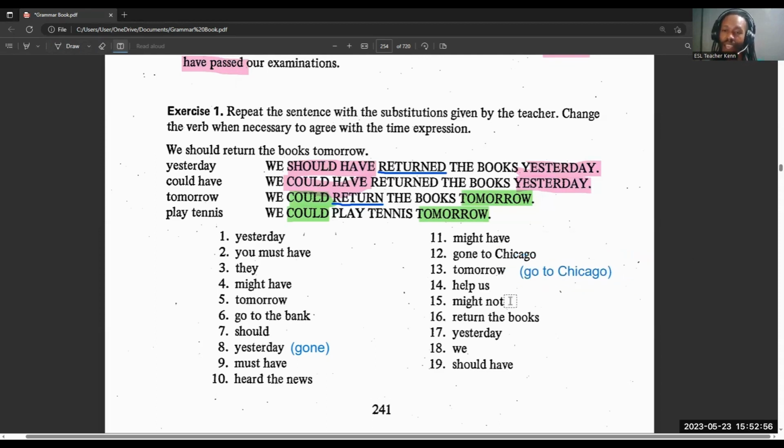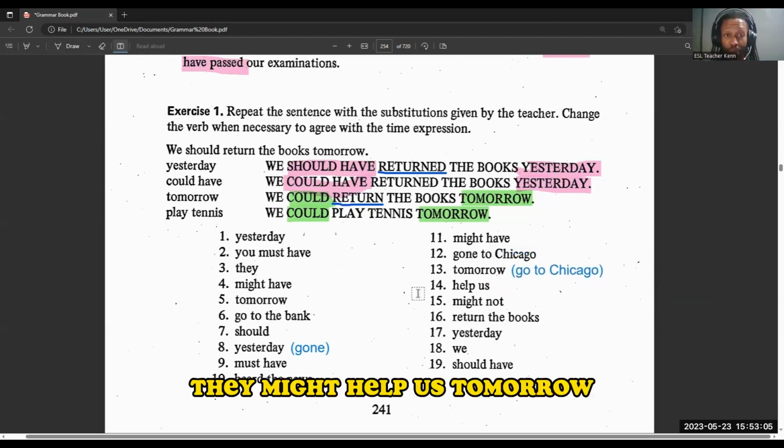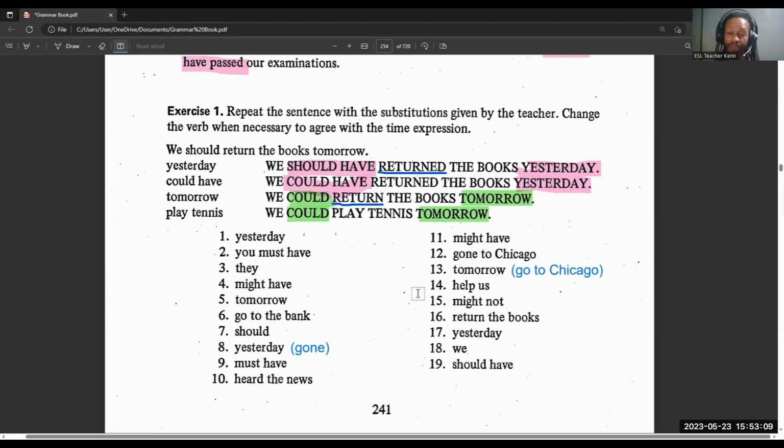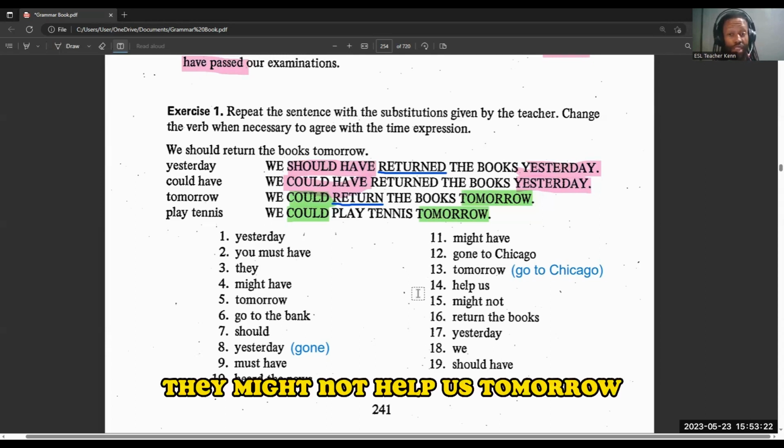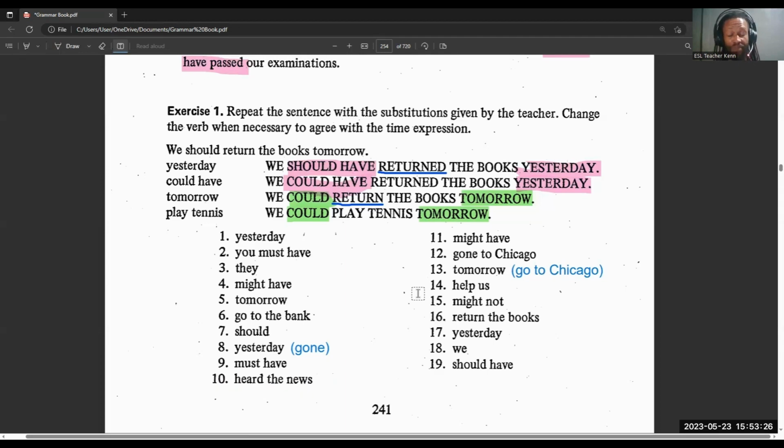Okay. Help us. They might help us tomorrow. Might not. They might not help us tomorrow.